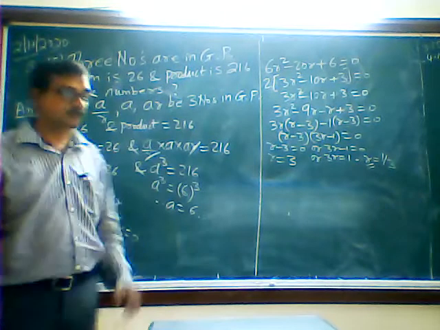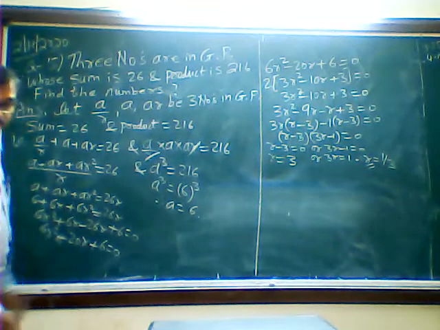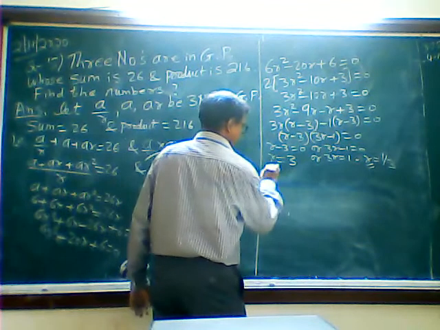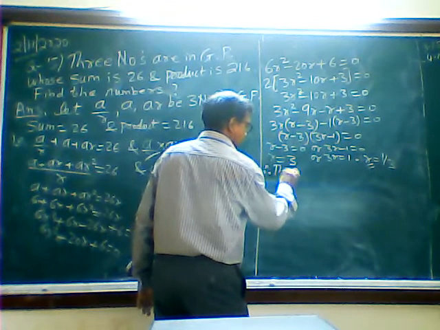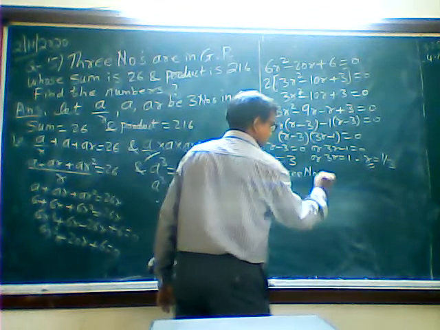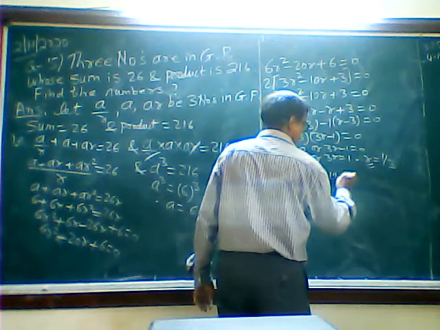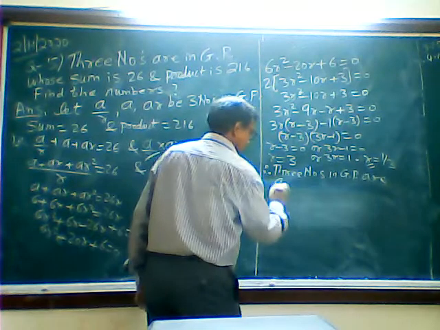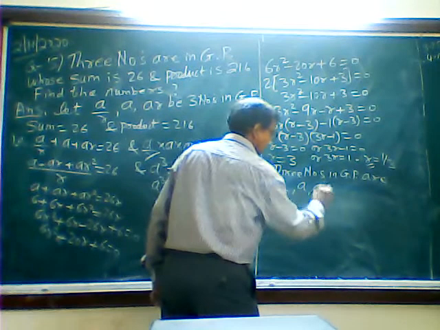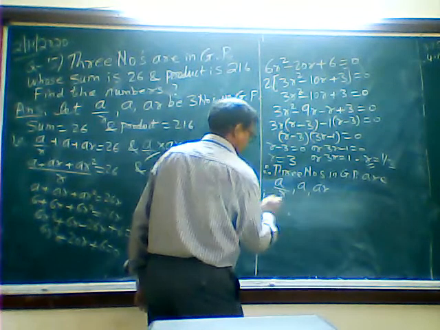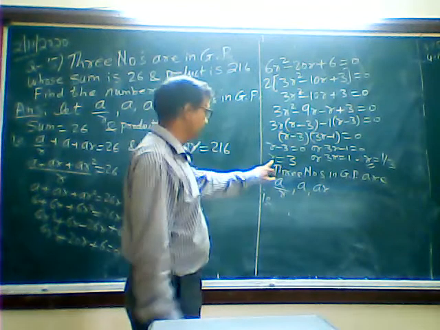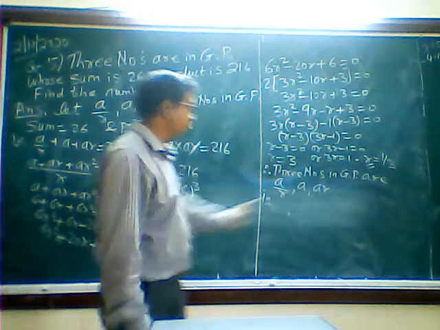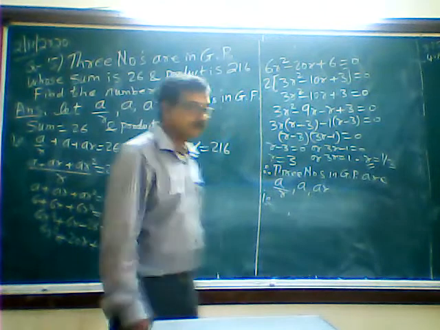The question asked is: find the numbers. Therefore, the three numbers in GP are A upon R, comma A, comma AR. Now we'll do it one by one. When A is equal to 6 and R is equal to 3, we'll find one set. When A is equal to 6 and R is equal to 1 by 3, we'll find another set.